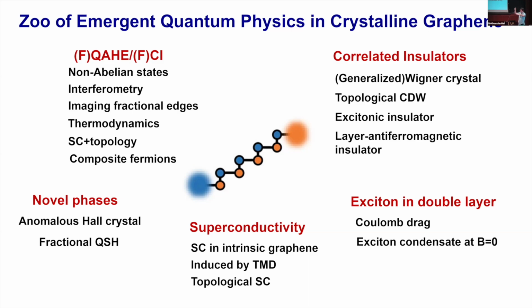You put electrons in one of the pentalayer graphene, put holes in the other, and they spontaneously attract each other and form an exciton condensate. That would be at zero magnetic field. This has been done in the double layer gallium arsenide quantum Hall system, but has not been realized at zero magnetic field. So that could be one thing that we can explore.